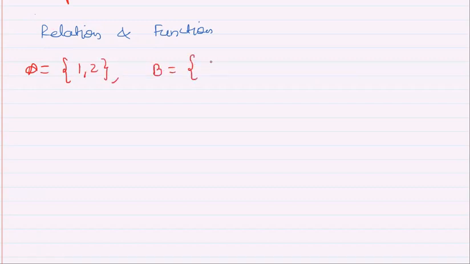Relation and function. Okay, so we take A equal to {1, 2}, and B we take {3, 4, 5}, and C we take {6, 7}.